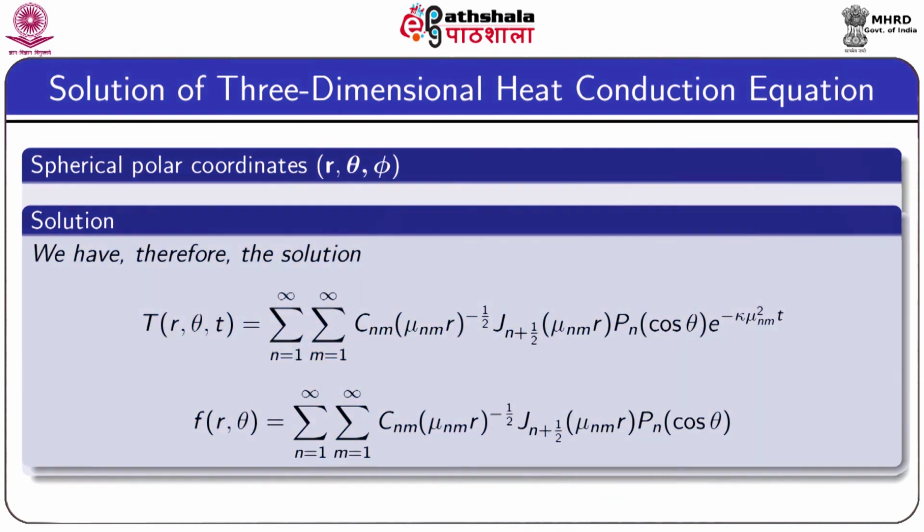To find them, we have to apply the orthogonality property of Bessel function and Legendre function. Therefore, the general solution can be written in this form, which is given in the first equation, and C_nm can be obtained from the last equation using the orthogonality property.